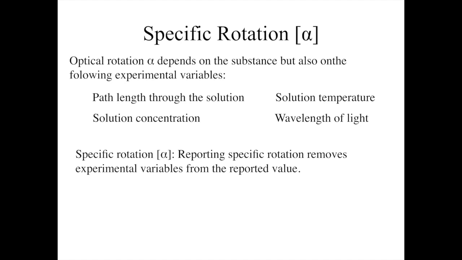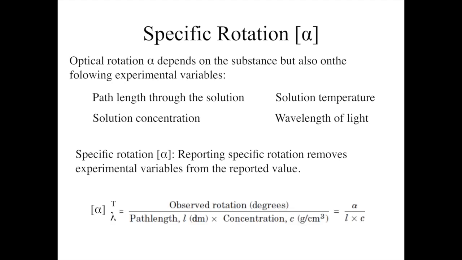Specific rotation is a calculated value that removes these experimental values. So the formula is as follows. We have the observed angle of rotation divided by the path length and also divided by the concentration.